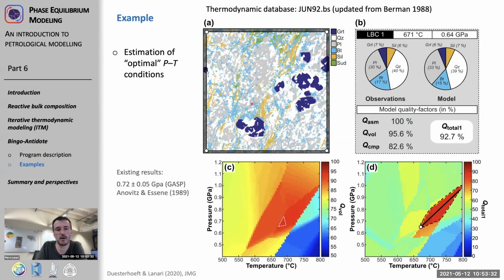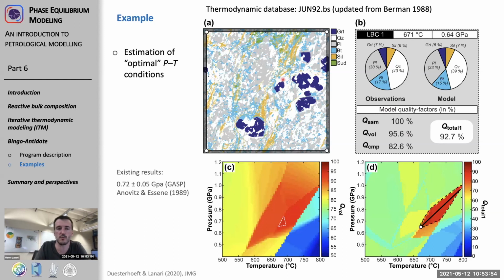Yeah, that's a great question, and I would say it's all a matter of scale. Of course, when you want to map a large area, you have a pixel size, so the distance between two points on this image, that is quite large. I think for this specific case it should be about 20 microns. So if you have a phase that is smaller than 20 microns, you would just not analyze this phase.